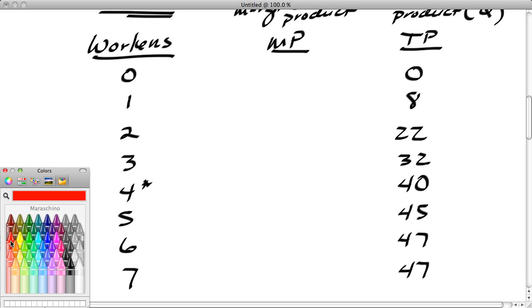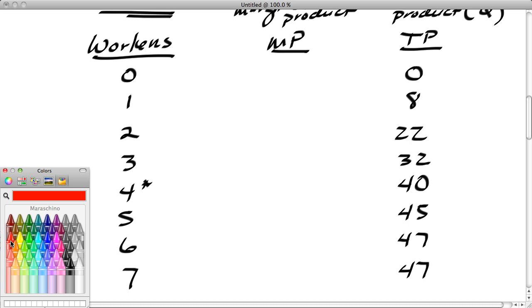When I say that 2 workers could make 22 units and 3 workers could make 32 units, I'm not saying that the third worker made those additional 10 units. Here's what I'm saying. 2 workers can make 22 units. We're assuming they're each working equally hard, they're each equally motivated. So when we say that 2 workers are making 22 units, we assume that they're each making 11.